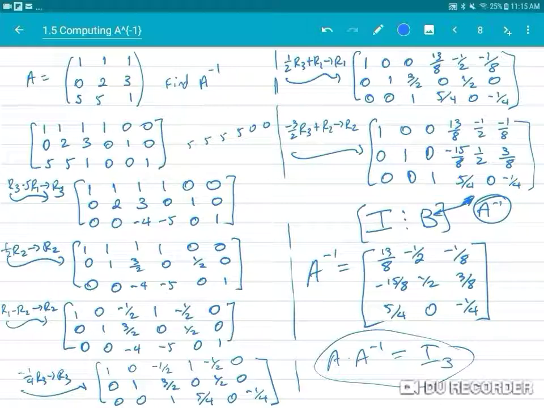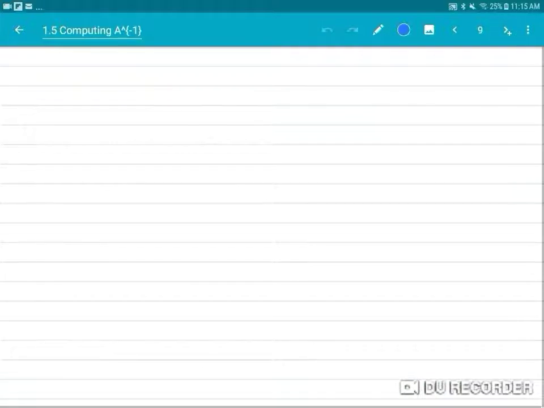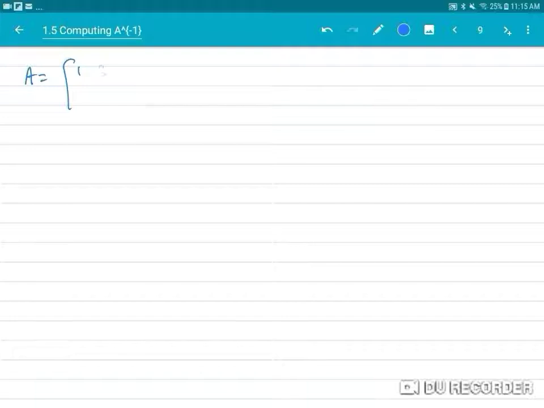Okay, so let me do one quick example, which I've already worked out. I'll just write down what A is and what you get once you do a couple of steps. So A equals the matrix 1, 2, 3, 1, minus 2, 1, and 5, minus 2, minus 3.